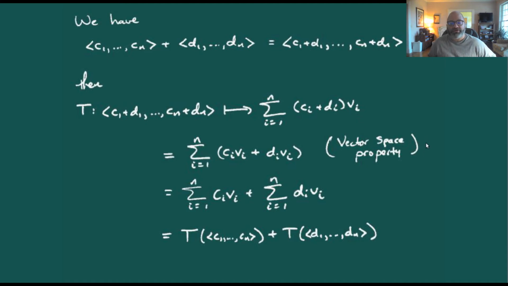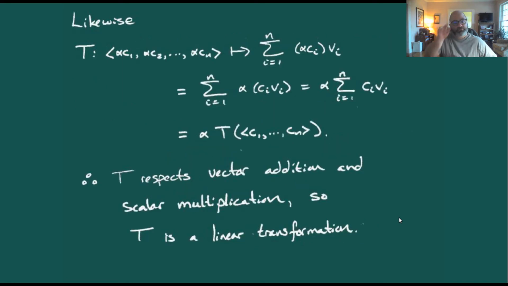Then, using the distributive property in our vector spaces, we can distribute that v_i to each one of those, and then split up that summation into the summation of c_i v_i plus the summation of d_i v_i. The first summation is T applied to our first vector, the second summation is T applied to our second vector, and so we do respect vector addition.